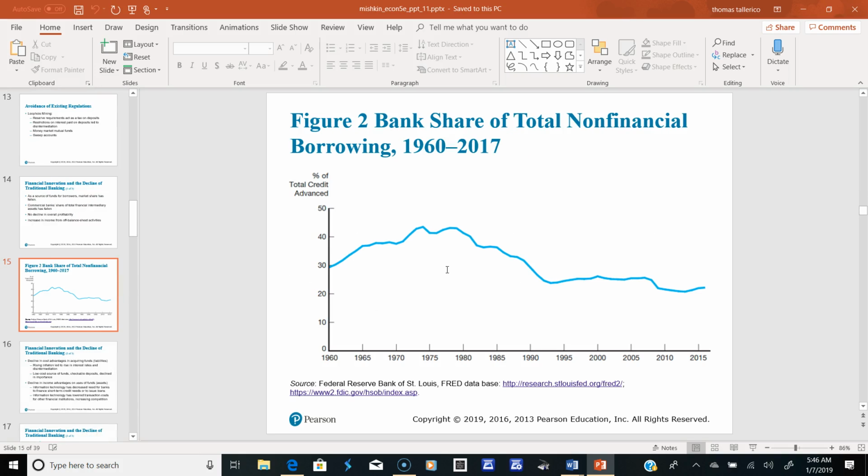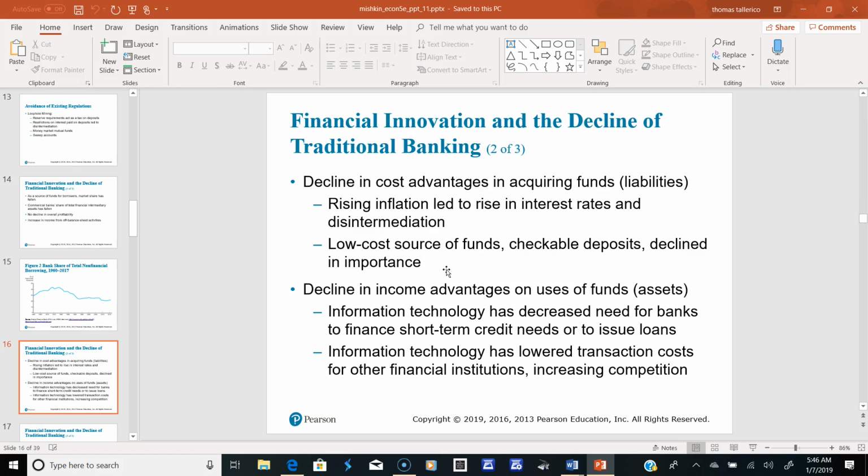Here's the current bank share of non-financial borrowing. Other than that, there's a little history here on banks.